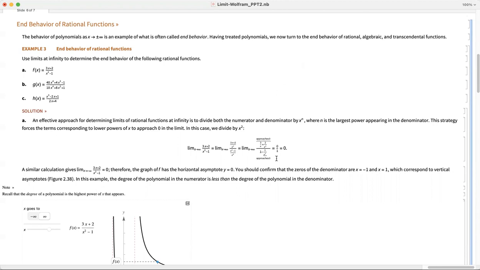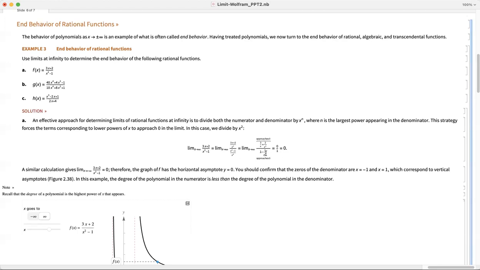Okay, so now let's see part A. First, we're going to evaluate the limit at infinity. The limit of f of x as x approaches infinity. Since this is a rational function, the numerator is a polynomial and the denominator is a polynomial, so we have to look at the degree of the top and bottom to compare them. Since the degree of the bottom one is greater than the top one, the limit at infinity goes to 0.